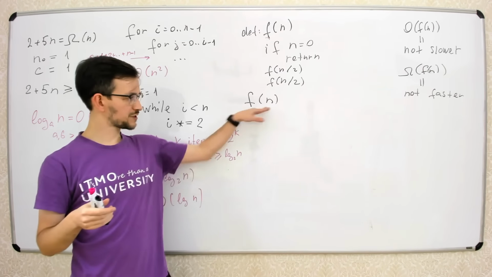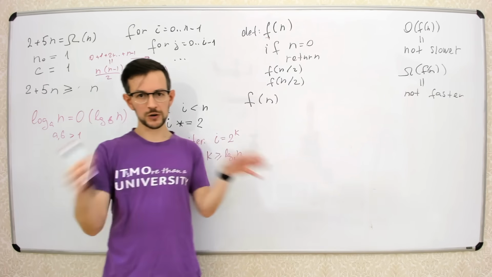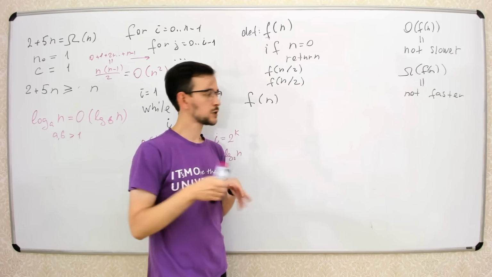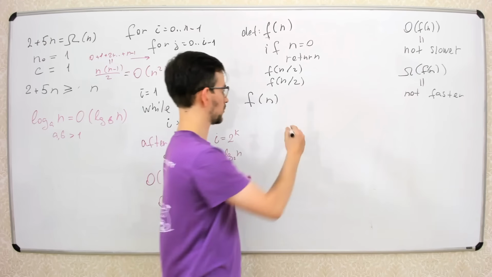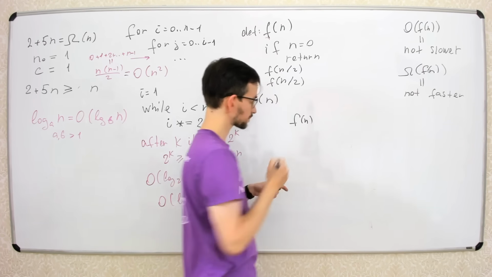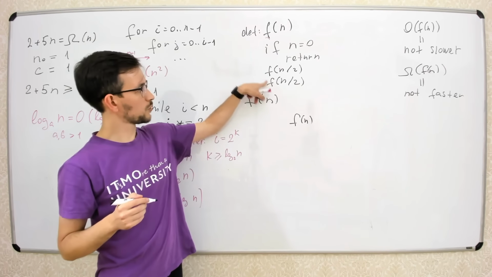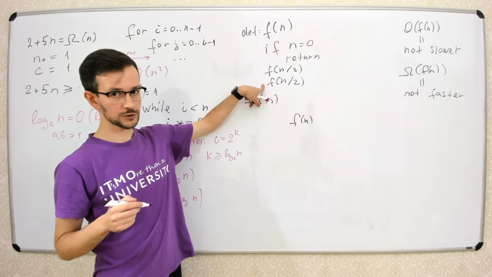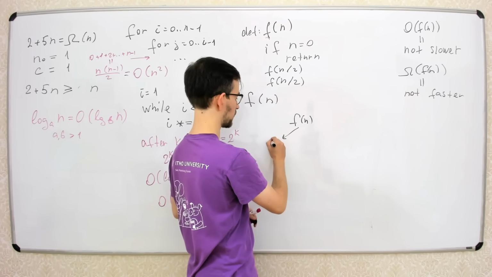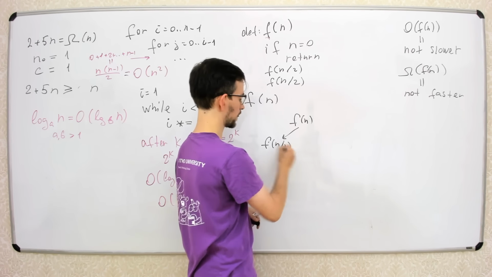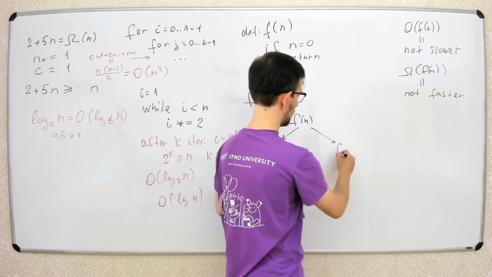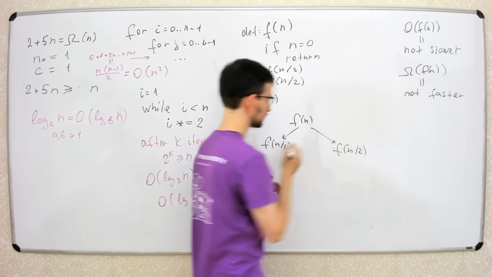Now you have not the sequence of recursive calls, but some tree of recursive calls. So you have some main recursive call f of n. From this call you have two independent recursive calls. So you call f of n over 2, and then again call f of n over 2.